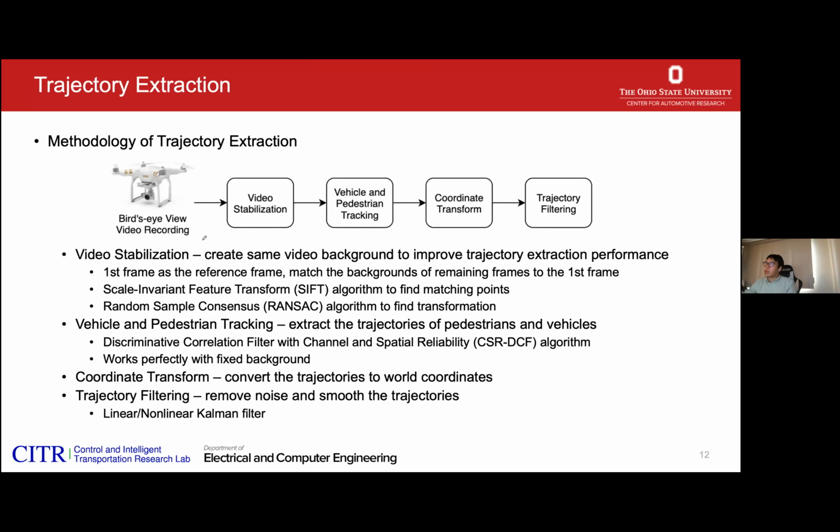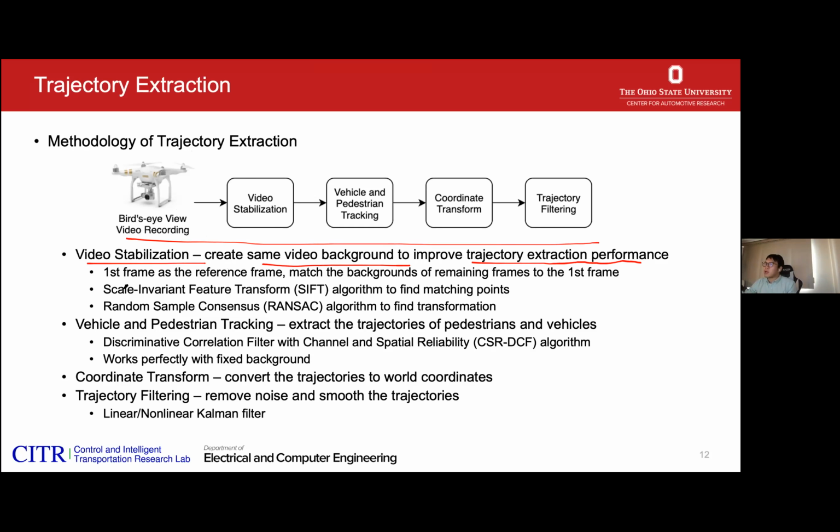To extract the trajectories from the above scenarios, we have developed a computer vision based algorithm. Basically, the methodology goes through the following operations. After we have obtained the raw video from the UAV, we first do the video stabilization. The video stabilization is used to create the same video background so that the trajectory extraction performance can be improved.